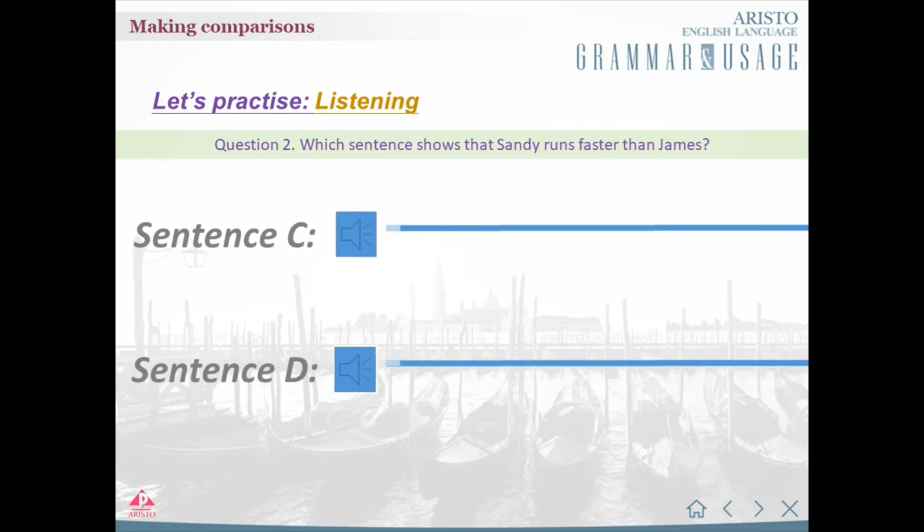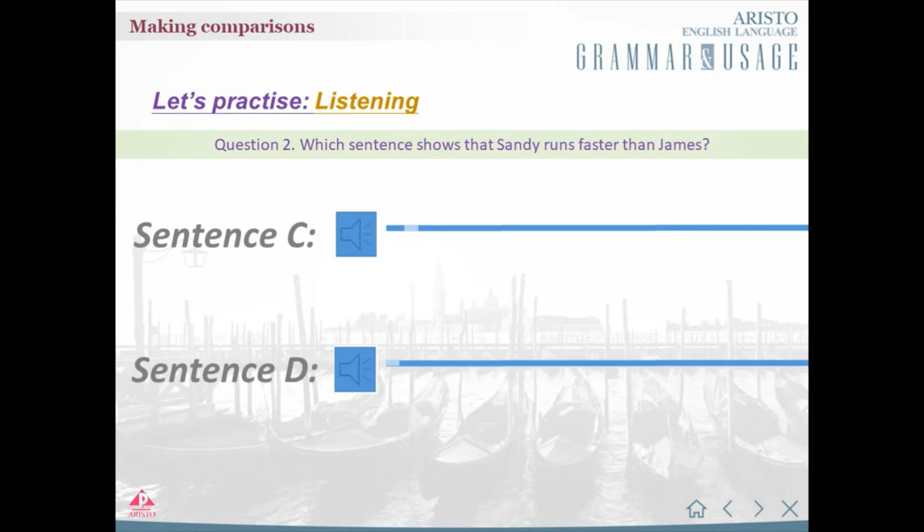Question 2. Listen to sentences C and D and decide which sentence shows that Sandy runs faster than James. C. James runs twice as fast as Sandy. D. James does not run as fast as Sandy. I repeat.